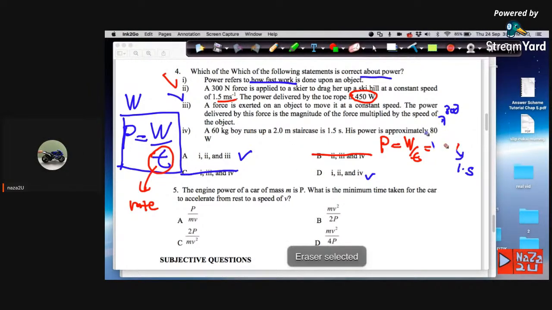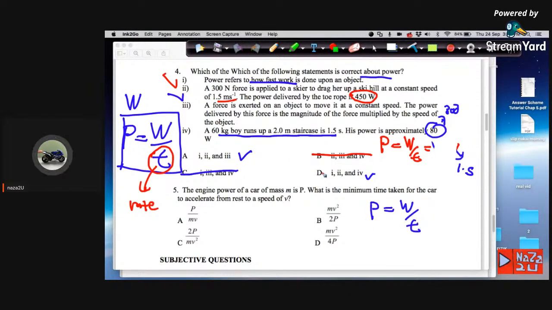Okay, we go to the calculation. A 60 kilogram boy runs up a staircase in 1.5 seconds. His power is 18 watt? So the power equation is W over T. But the situation here, a 60 kilogram boy runs up, meaning jasad itu naik ke atas pada ketinggian 2 meter. So we have a gravitational potential energy.